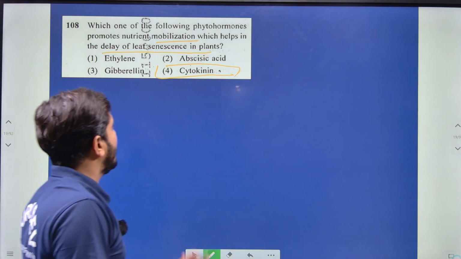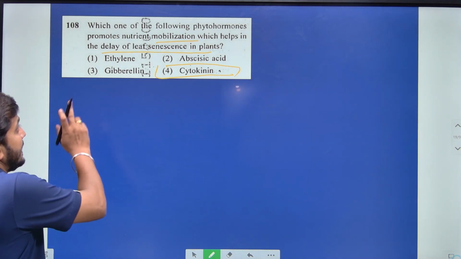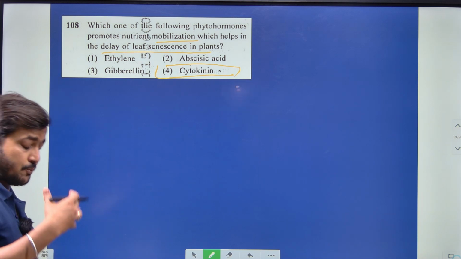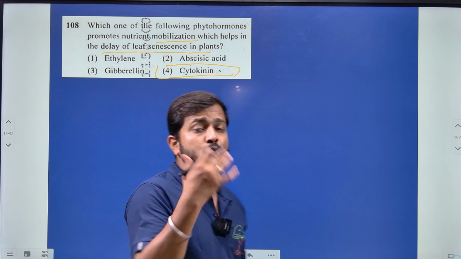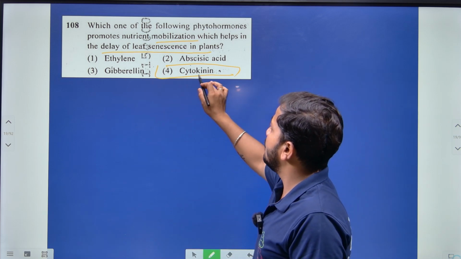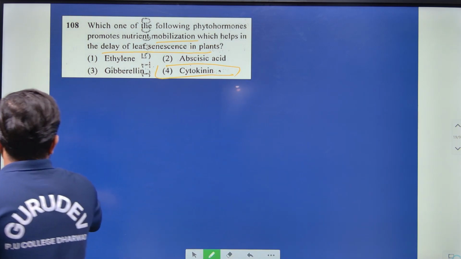Cytokinin avoids or delays leaf senescence, because whatever food is stored or produced, it is going to mobilize that food material. So here option 4 is correct.